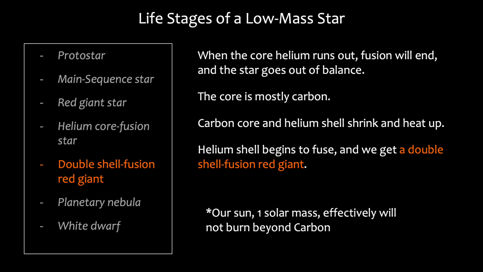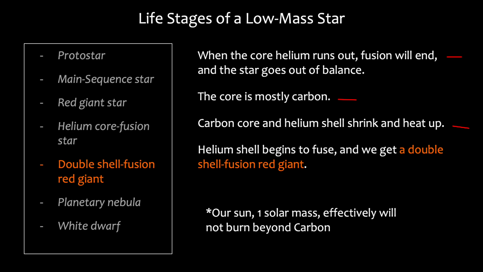So when the core helium runs out, fusion will end, and the star goes out of balance, and the core is mostly carbon. The carbon core and helium shell shrink and heat up. The helium shell begins to fuse, and we get a double shell fusion red giant. Double shell fusion red giant.